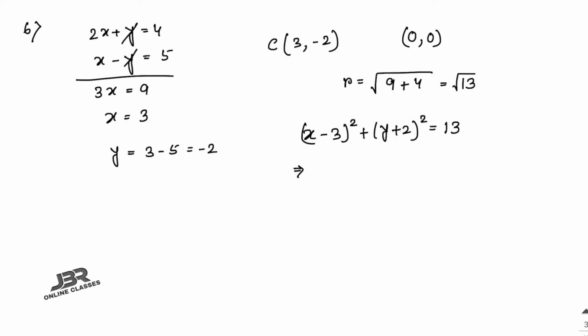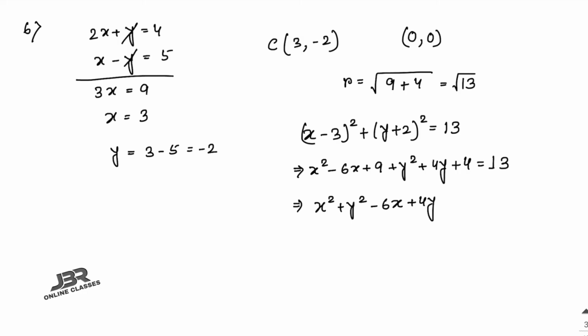Now x square minus 6x plus 9, y square plus 4y plus 4, equal to 13. So your final answer is x square plus y square minus 6x plus 4y equal to 0, because 9 and 4, 13, 13 cancel out.